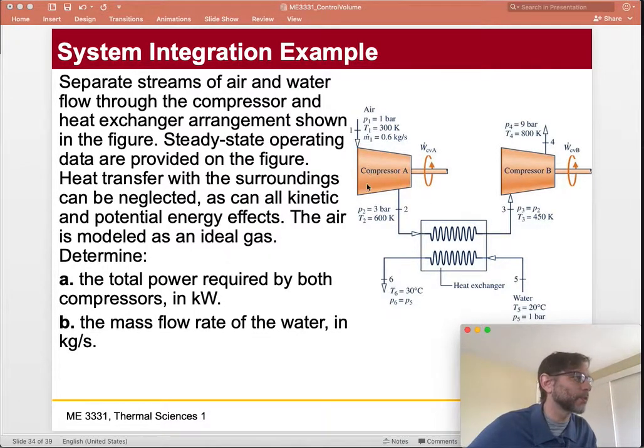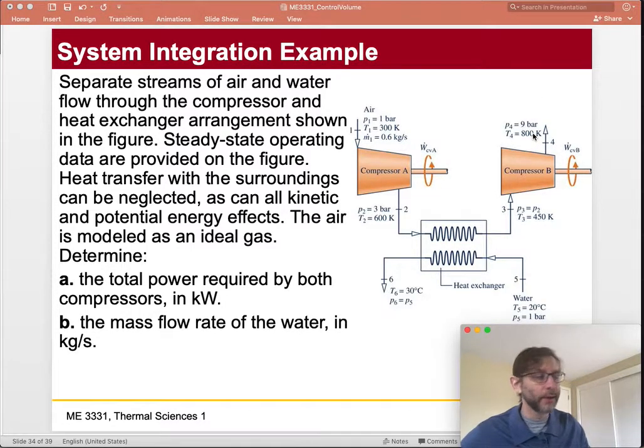You've got two different compressors and a heat exchanger. These are things we've both gone over. A compressor is taking air, in this case, at 1 bar, atmospheric pressure and atmospheric temperature, and some flow rate, and compressing it to 3 bar, 600 K. Then you're going to compress it again, so your ultimate goal is to make 9 bar air at a temperature of 800.